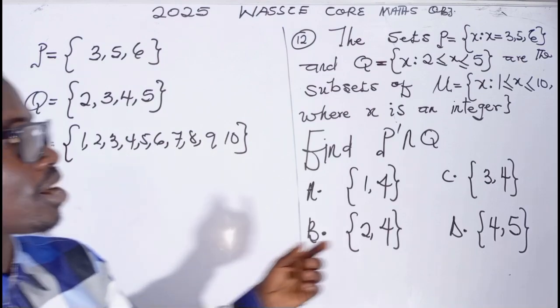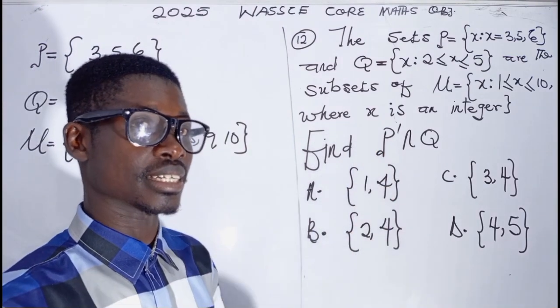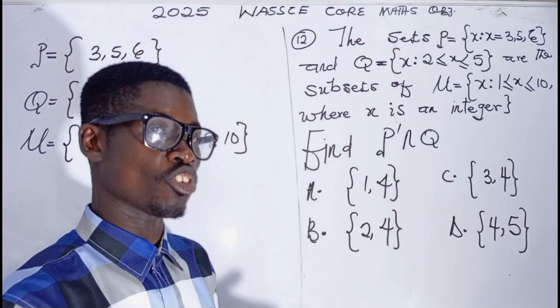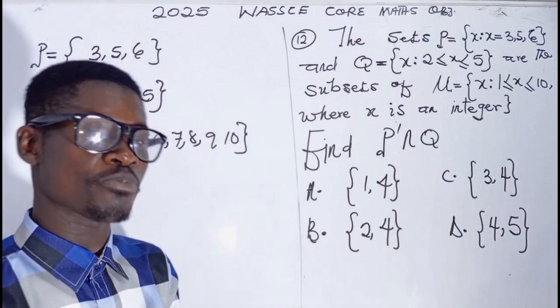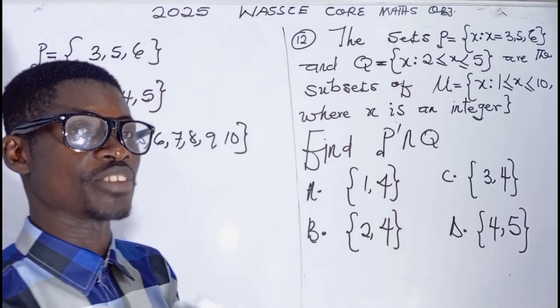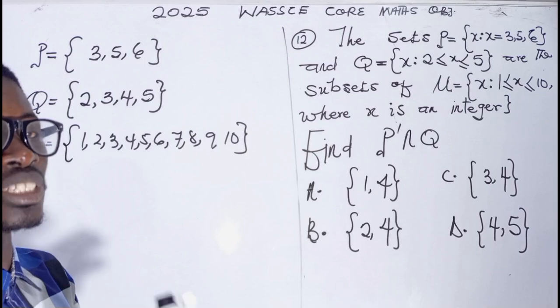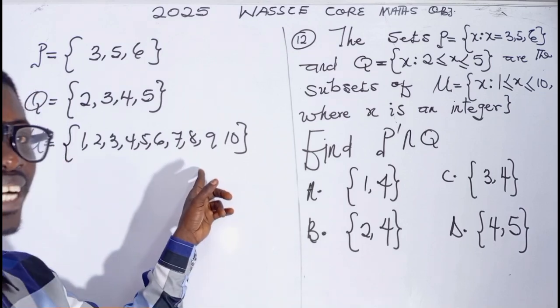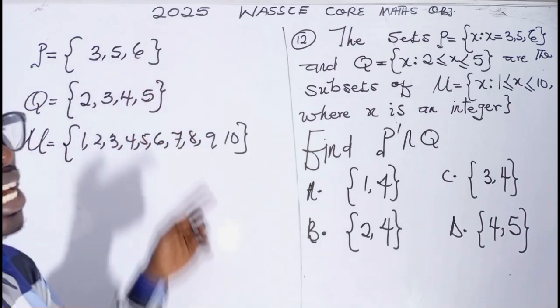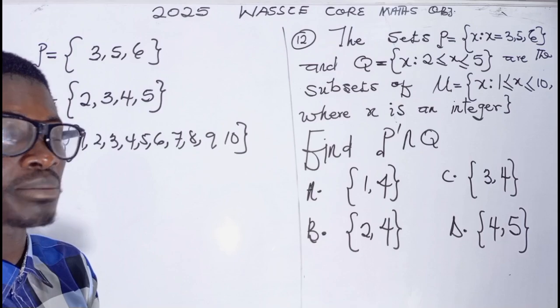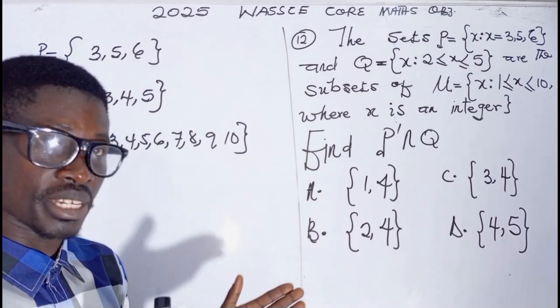Our task is to find P complement intersection Q. The complement of P means we look through the universal set to find those elements that are not in set P, and those elements become the complement of P.